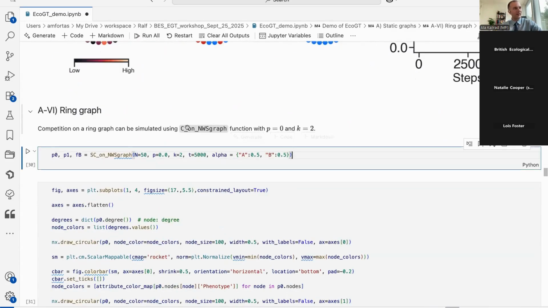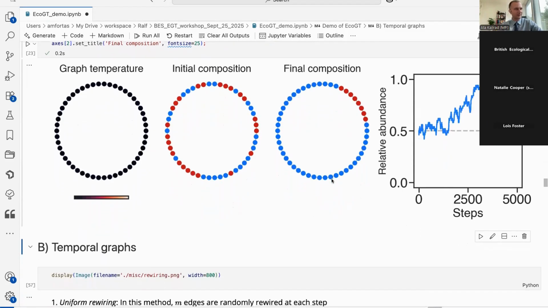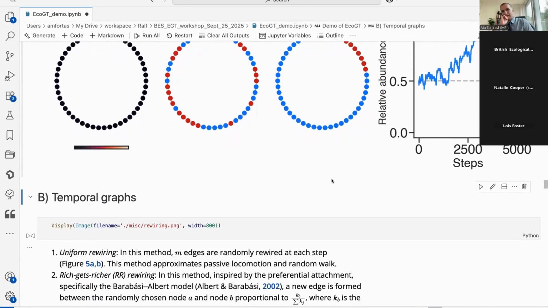So it's a small world graph with a probability of 0, so there's no shortcuts, and K equals 2, so everyone has two neighbors. And this one is interesting as well, but it's probably not ecologically necessarily relevant.